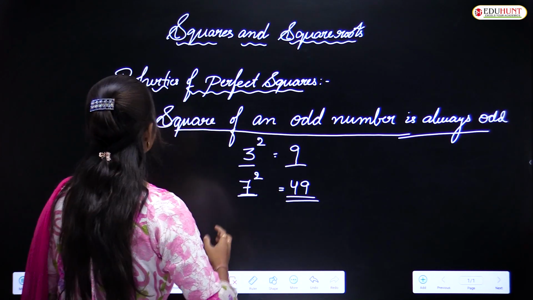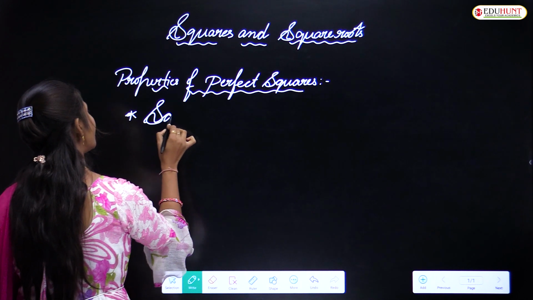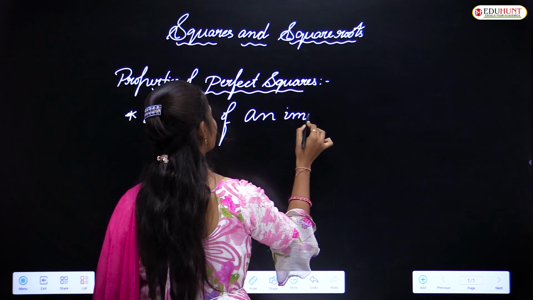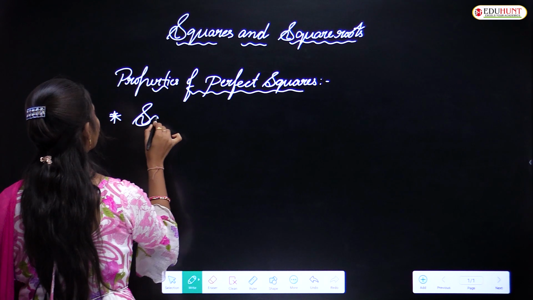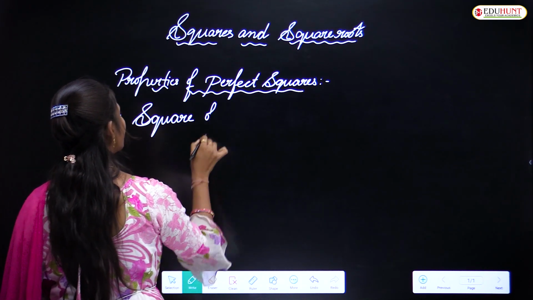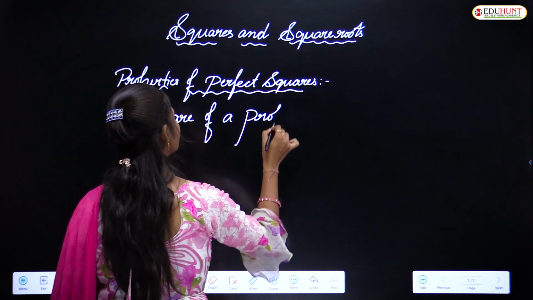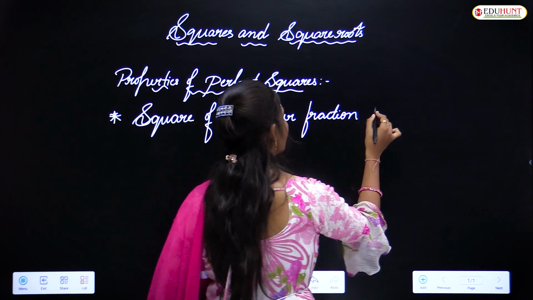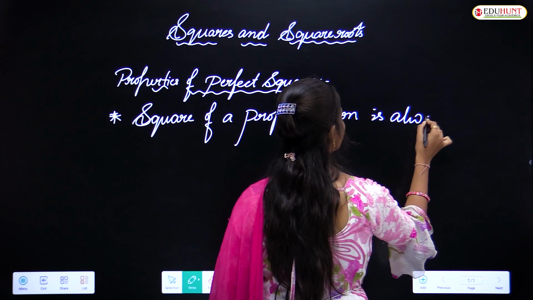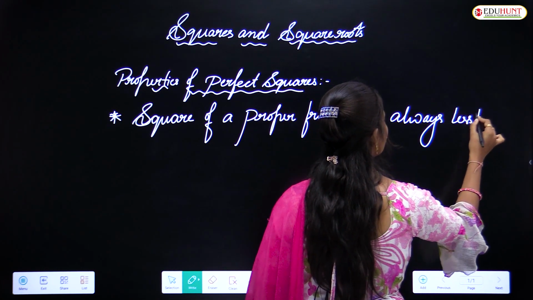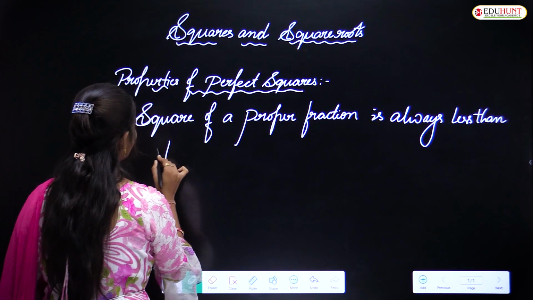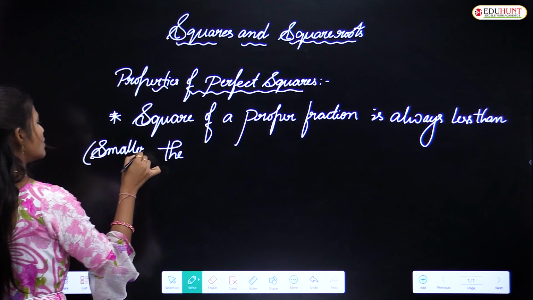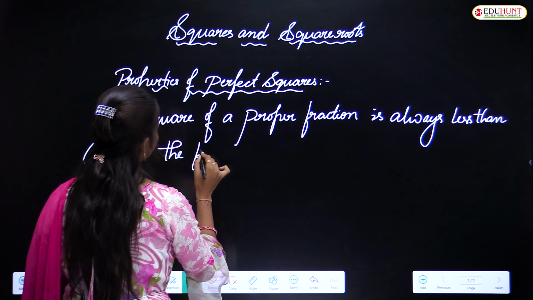So the next property says that the square of a proper fraction is always less than the fraction, or is always smaller than the fraction.